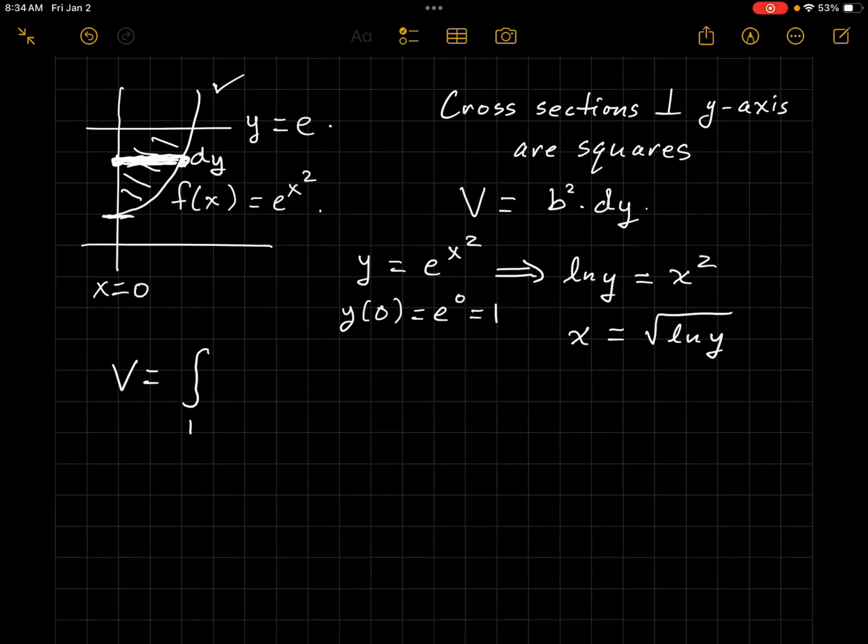Our upper limit is given, it's e. And then the length of our base is exactly the square root of natural log of y. Minus 0 if you want to, but it's really not necessary. So base squared becomes natural log of y.